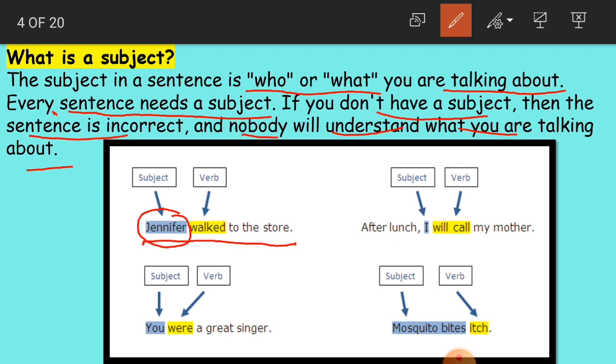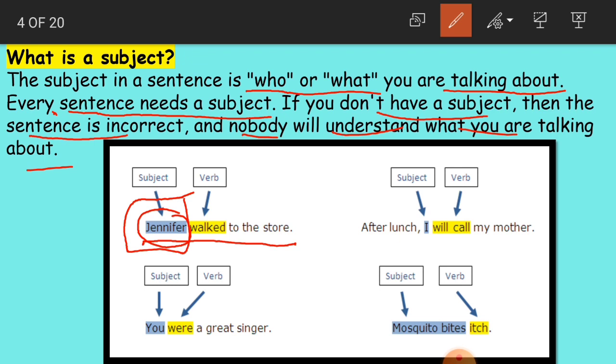Suppose we remove the subject in this sentence and just say, walked to the store. Does it make any sense here? Does it give any complete meaning that anybody can understand?